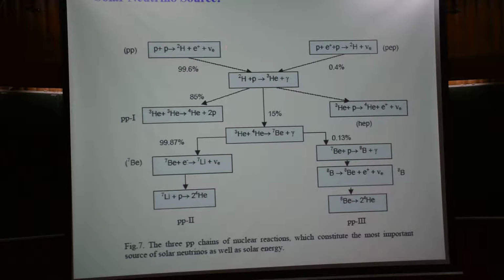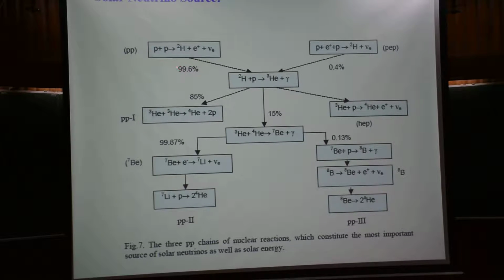This is the main source, and this neutrino is called the pp neutrino, and that is the most copious. There is a little pep neutrino, and this being a 2-body final state, it gives a line, a precise neutrino energy, a line spectrum.